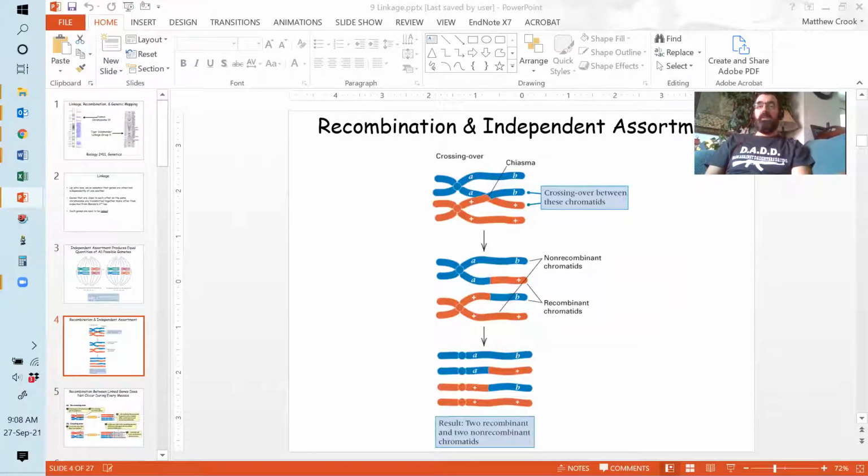Okay. Does that make sense? I've got to make sure, because this is the foundational concept behind linkage. If you don't get it, it's going to be gibberish. If that didn't make sense to anybody, let me know now. All right, and I'll figure out the sticking point.